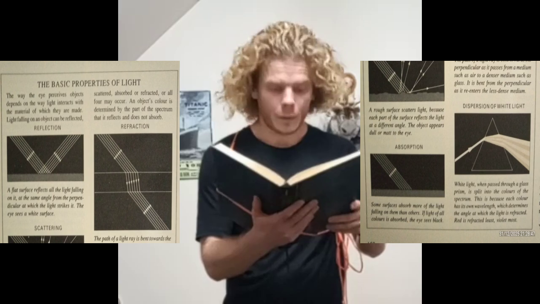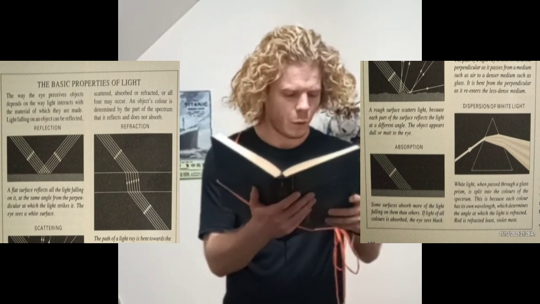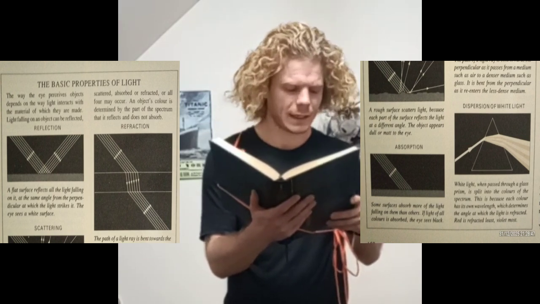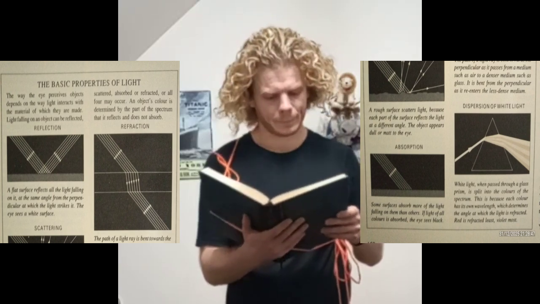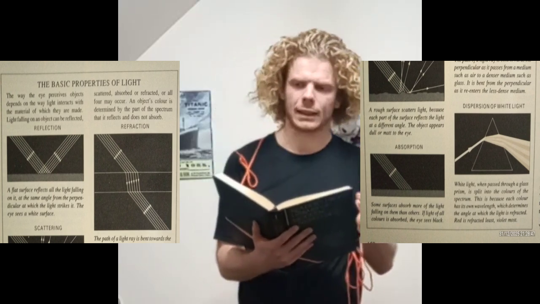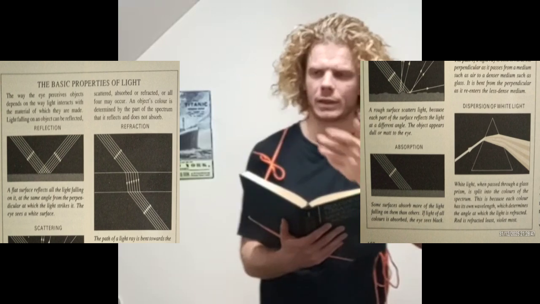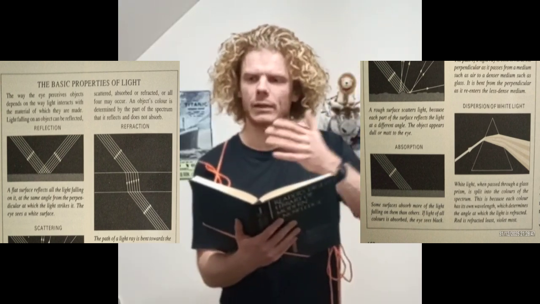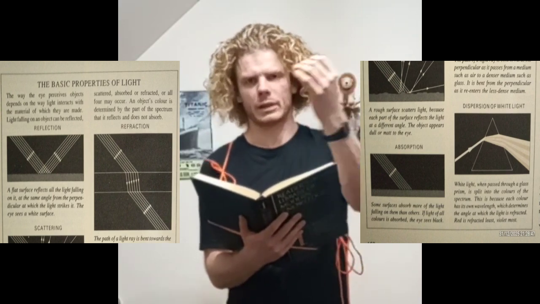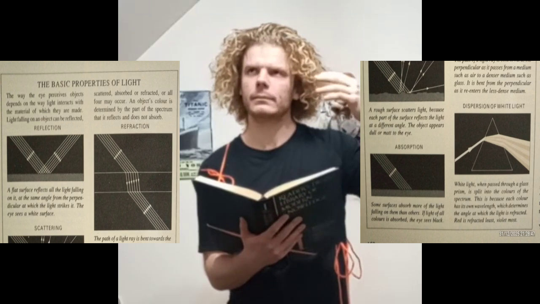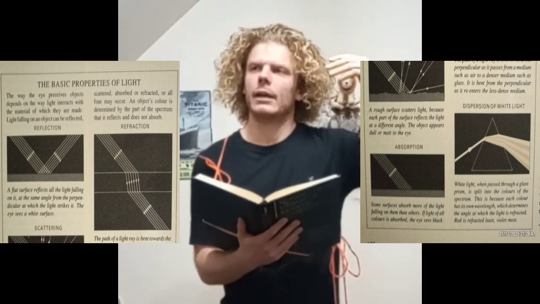Absorption is possible. Some surfaces absorb more of the light falling on them than others. If light of all colors is absorbed, the eye sees black. It is possible that some material absorbs the light, and basically what I just said, I'm going to tell this again. The light has different colors. If there's a rainbow, then inside of the raindrops you can see the different colors, the red, the yellow, the blue, or whatever.